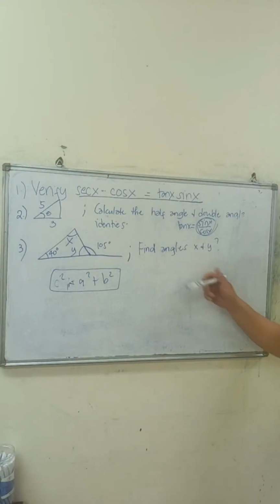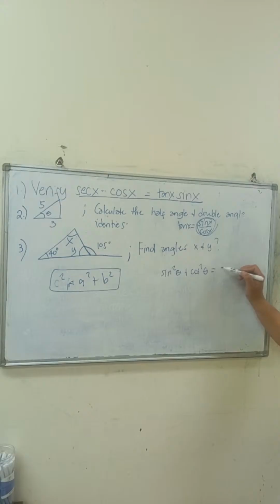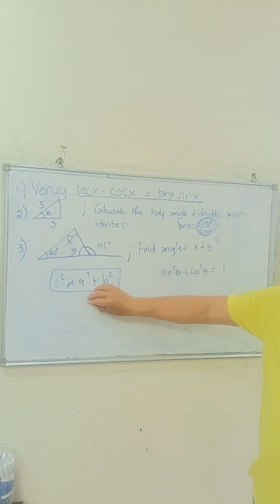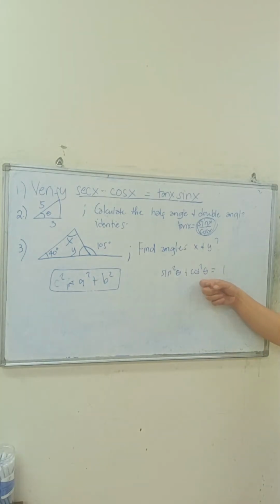So we say sine squared theta plus cosine squared theta is equal to 1. This form is equivalent to that form, but that form is more on the variables, and this one more on the trigonometric functions.